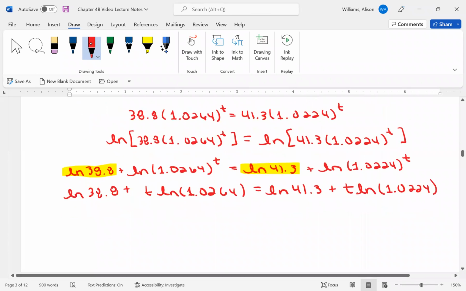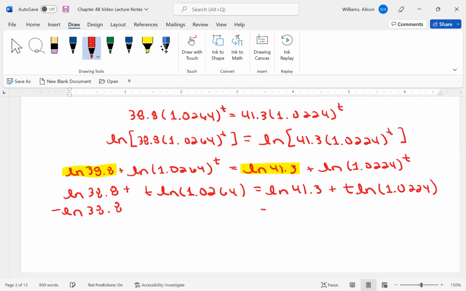Okay, so now I'm going to get the t's to one side and everything else to the other. So first thing I'm going to do is move this natural log of 38.8 over here. And then I'm going to move this t to the left side, to the other t. Now I can't combine these. These are not like terms.